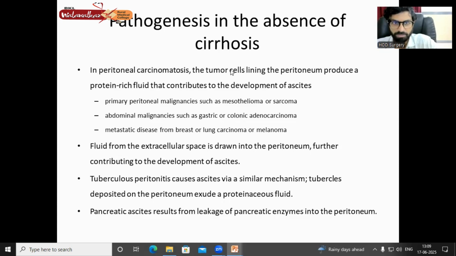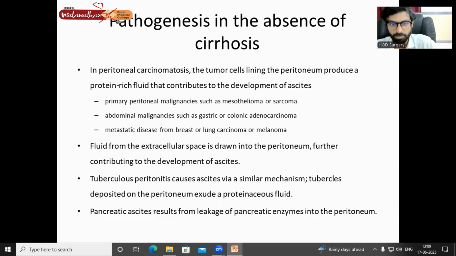Now, in the absence of cirrhosis, like in causes like peritoneal carcinomatosis, the tumor cells lining the peritoneum produce a protein-rich fluid, which contributes to the development of ascites. In primary peritoneal malignancies, which are sarcoma and mesothelioma, this can occur.